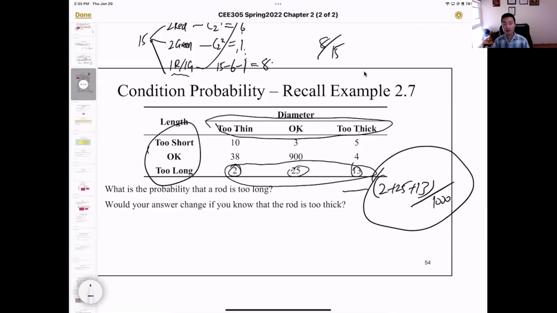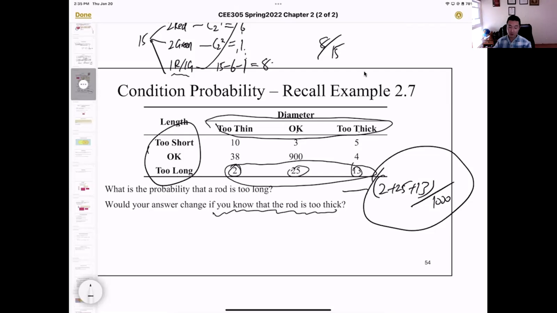We discussed this last time. The second question: would your answer change if you already know that the rod is too thick? The condition here is that before we calculate the probability, we know the rod is already too thick.